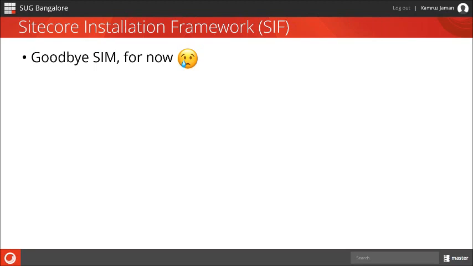If you guys have been using Azure, particularly the PaaS option, then it's the same similar package, so you'll be familiar with those packages. But those packages aren't supported by Sitecore SIM, the Sitecore Installation Manager that a lot of us have been using, particularly for local installations, for throwaway ones.